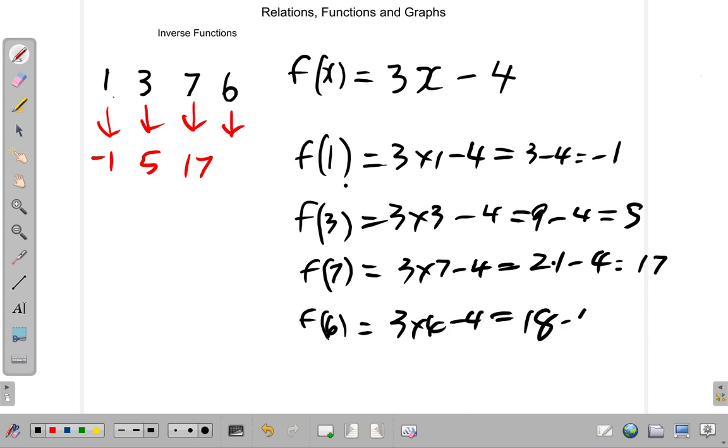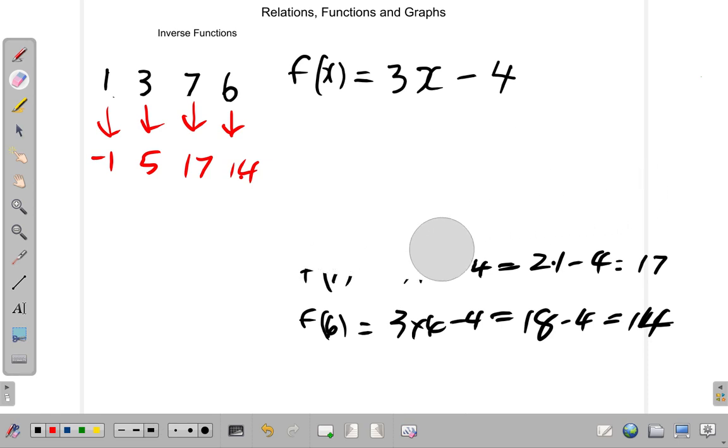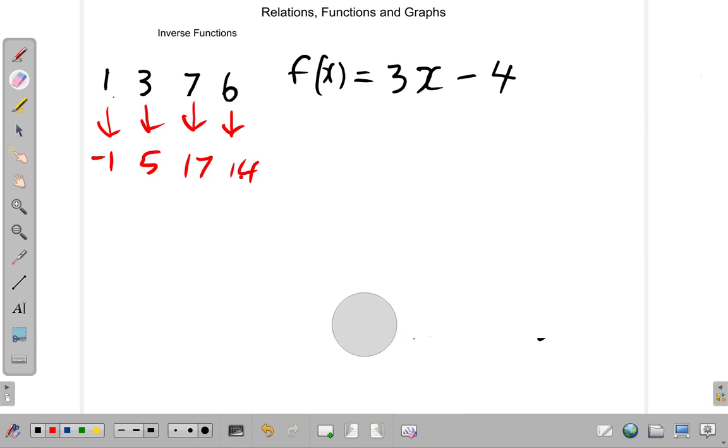It is 18 minus 4. 18 minus 4 is 14. So out comes 14. So the message that the scammers see is negative 1, 5, 17, and 14.